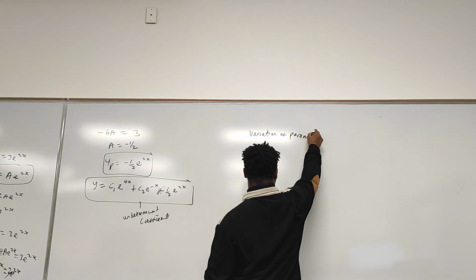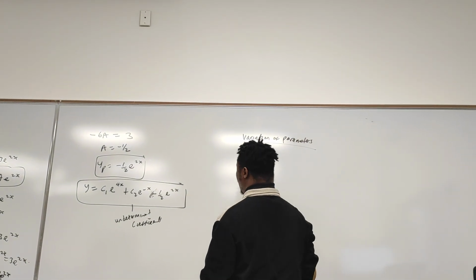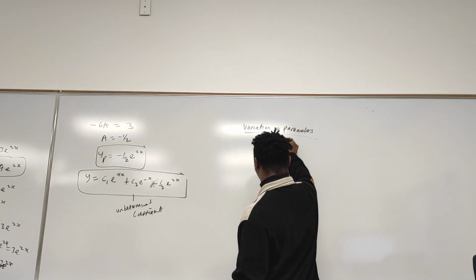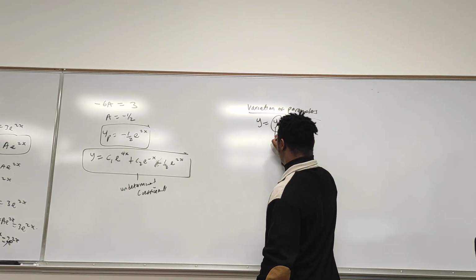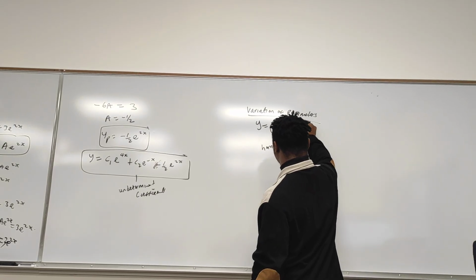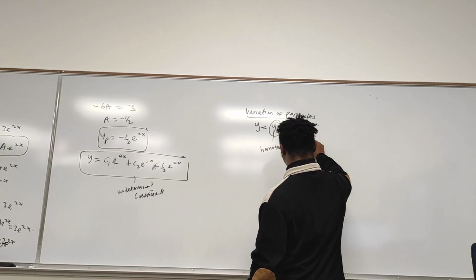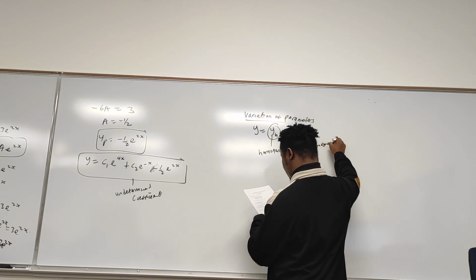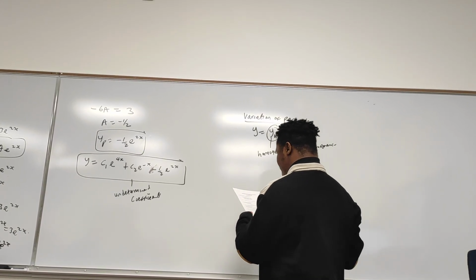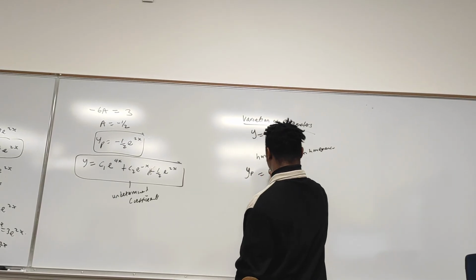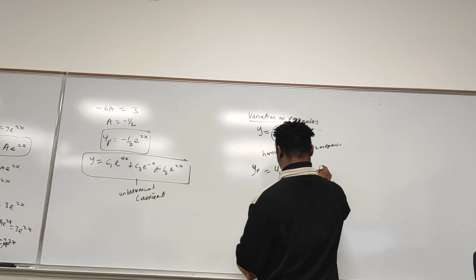The variation of parameters works by doing the same thing. Our solution y is y homogeneous plus yp. This is homogeneous, the same way we did that one, and this is the non-homogeneous. So our yp is given as u1 y1 plus u2 y2.